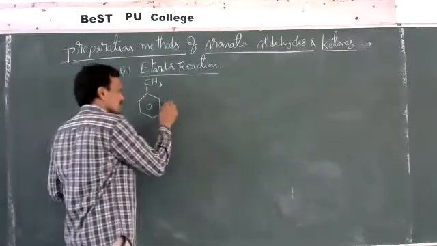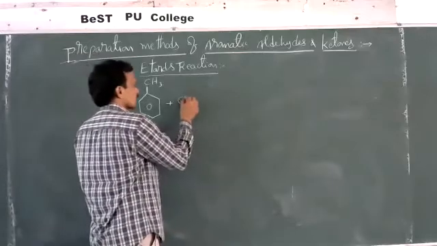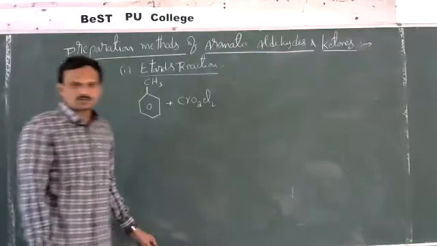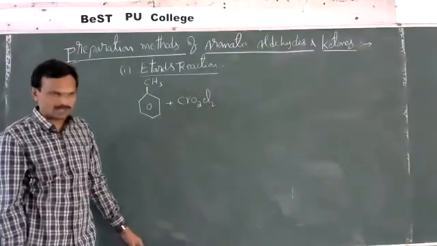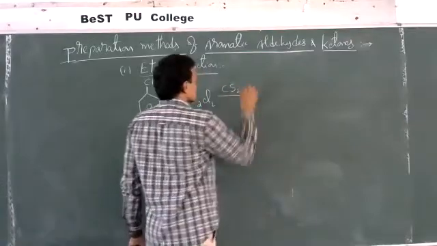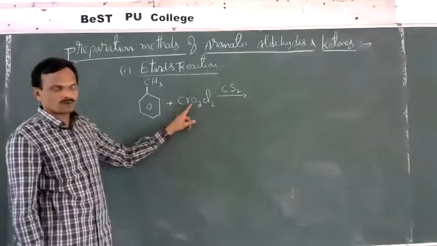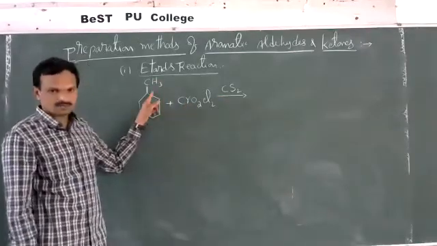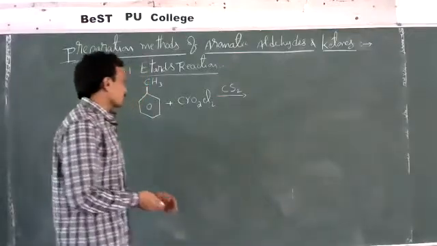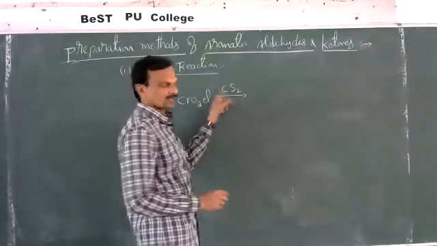When toluene is allowed to react with chromyl chloride, CrO2Cl2, in carbon disulfide, first addition of chromyl chloride to toluene takes place. Then we get a chromium complex. A chromium complex is formed by the addition of chromyl chloride to toluene in carbon disulfide.